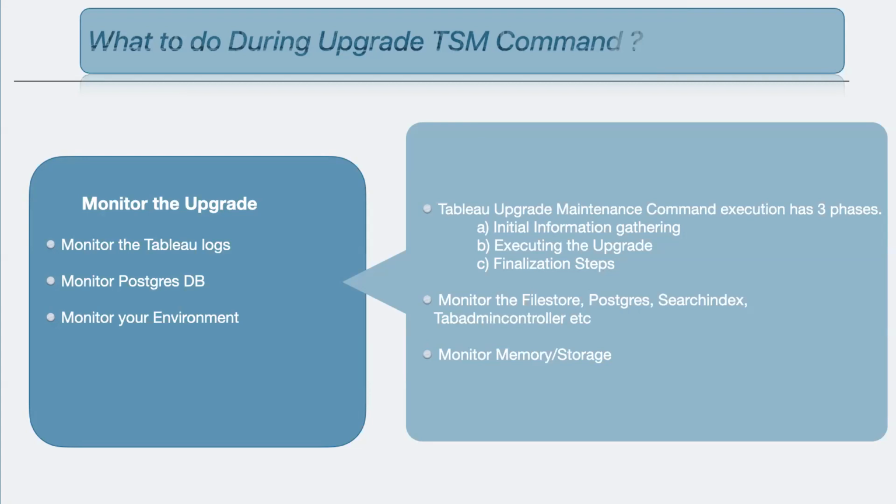Then after this come the finalizing steps in the command. What they do is rebuild the indexing, reconfigure the config files on all the nodes, and a few other things.